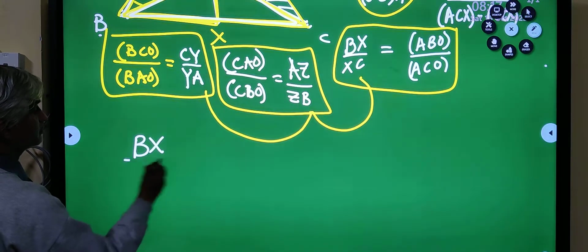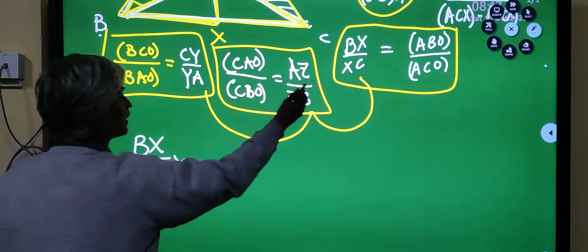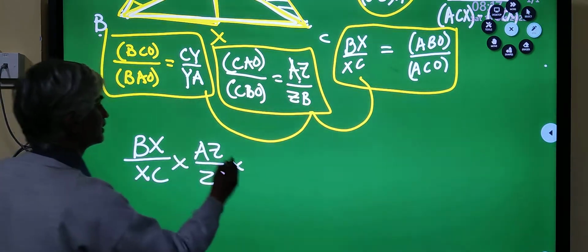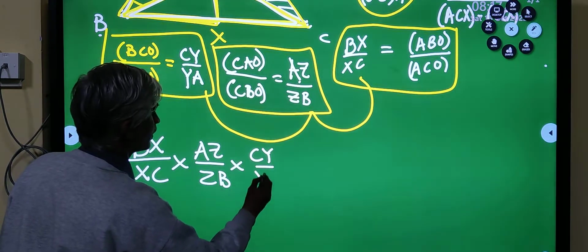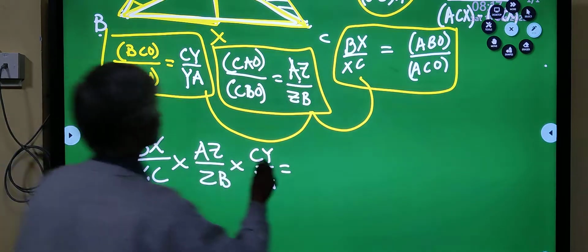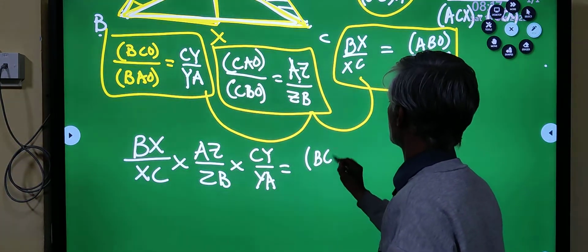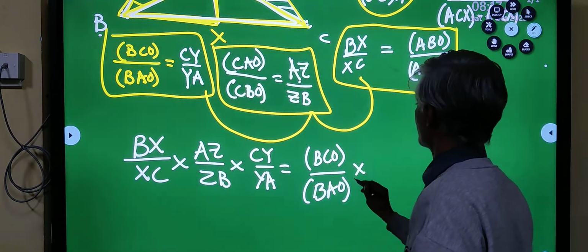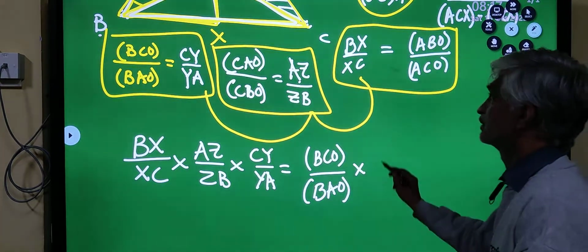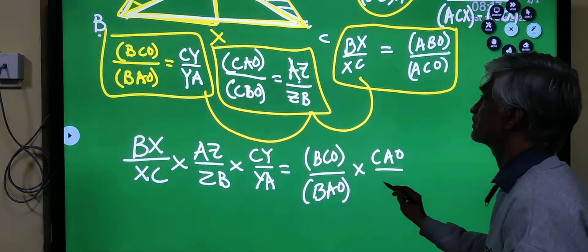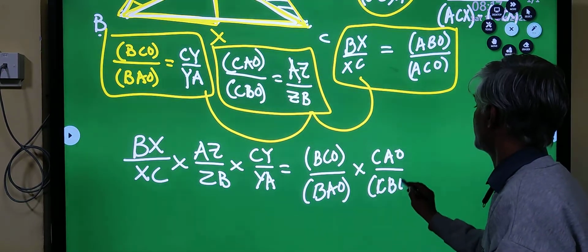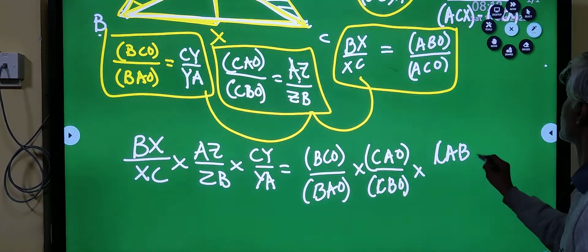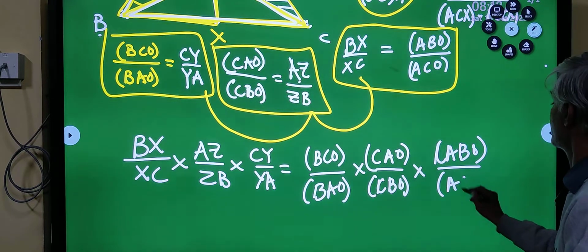We're almost there. BX by XC multiplied by AZ by ZB multiplied by CY by YA is nothing but BCO divided by BAO multiplied by CAO divided by CBO multiplied by ABO divided by ACO.